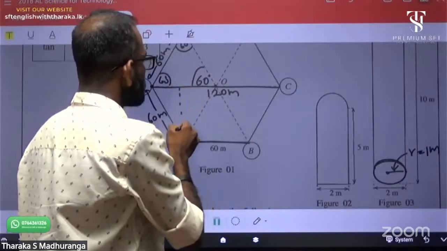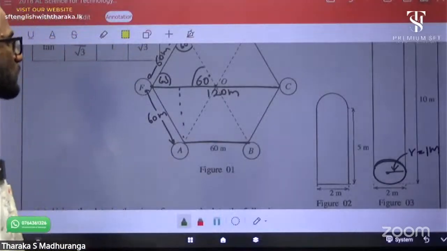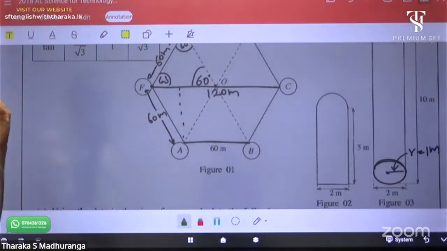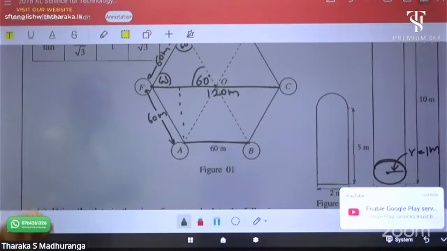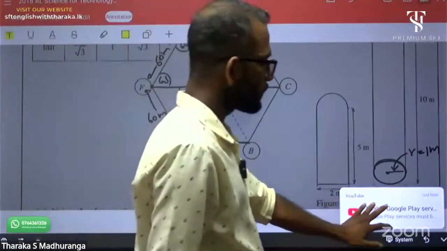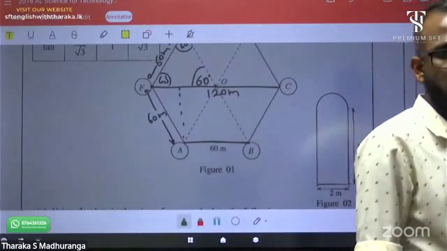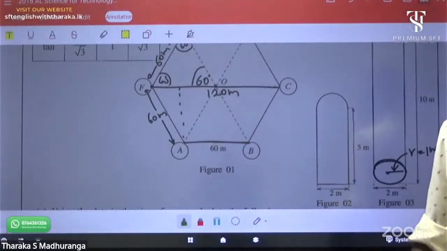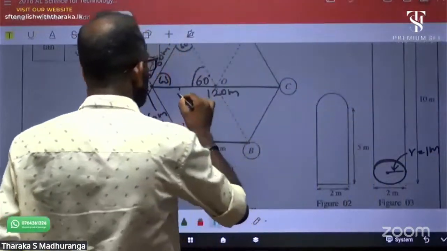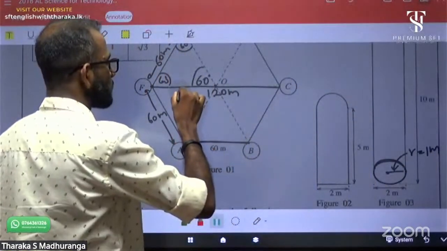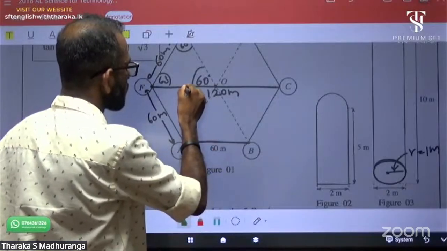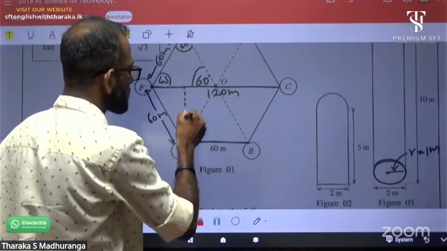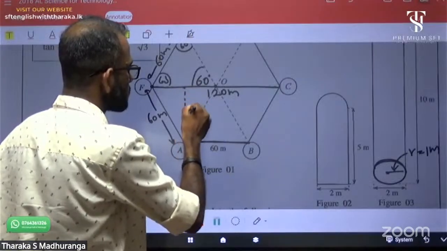What's the perpendicular height? Okay, you have to calculate the perpendicular height, h.